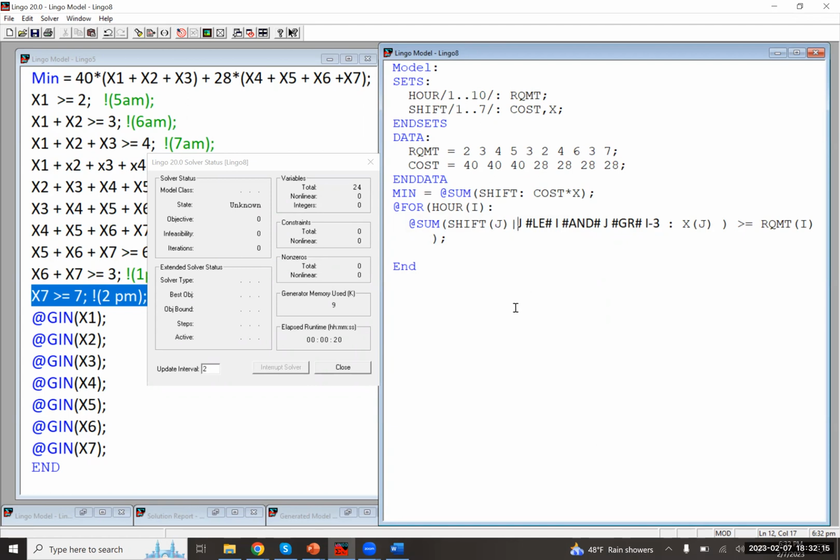Let me write down the same thing in the same font. I don't know whether it's going to be the problem. And J is greater than or equal to I minus 3.